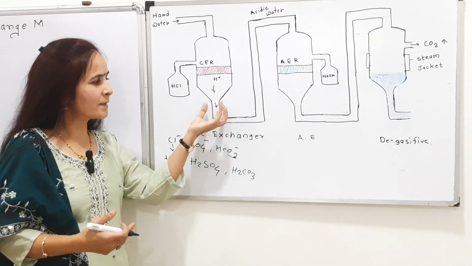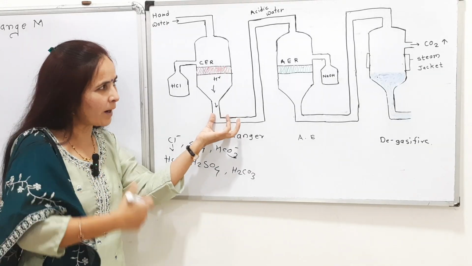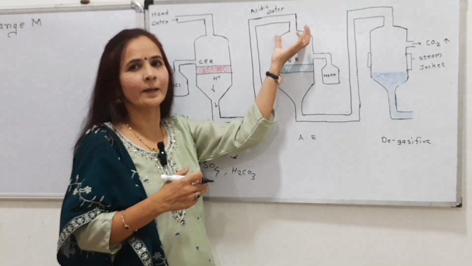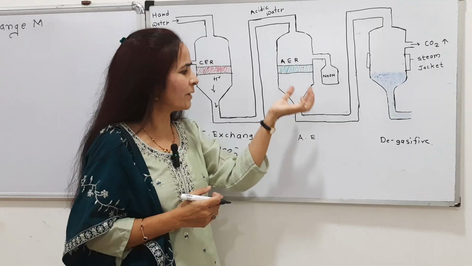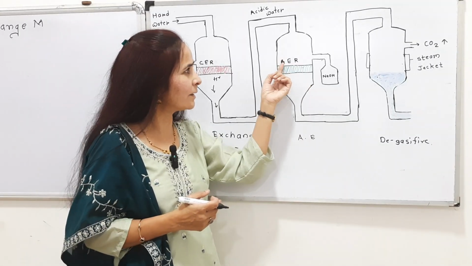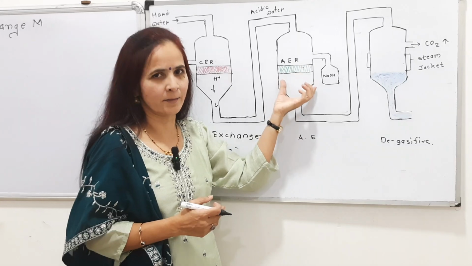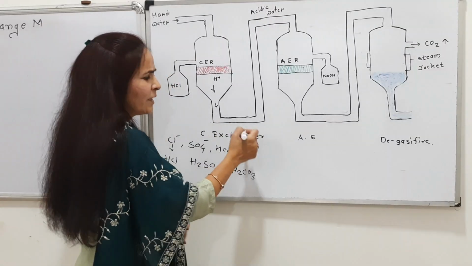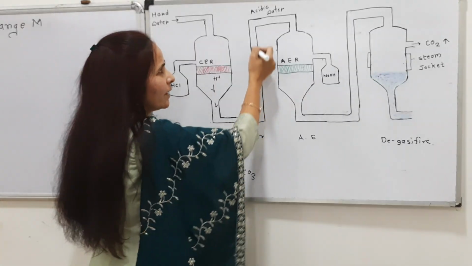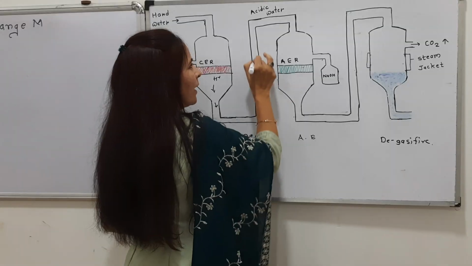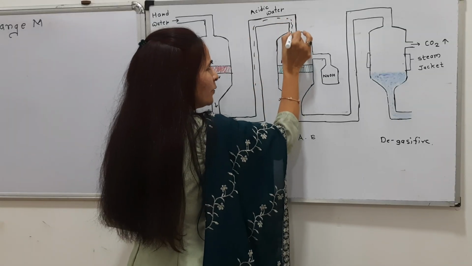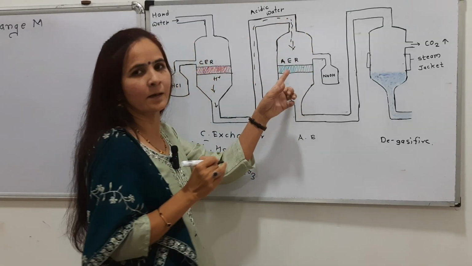That's why this cation free water is passed to the second cylinder, the anion exchanger cylinder. This acidic water flows through the anion exchanger resins.